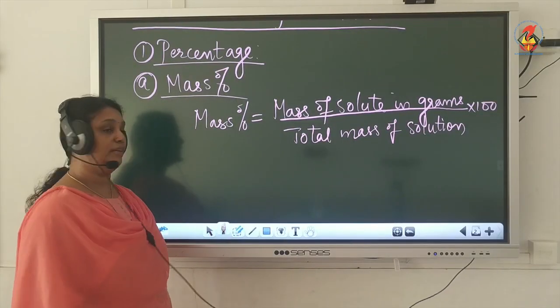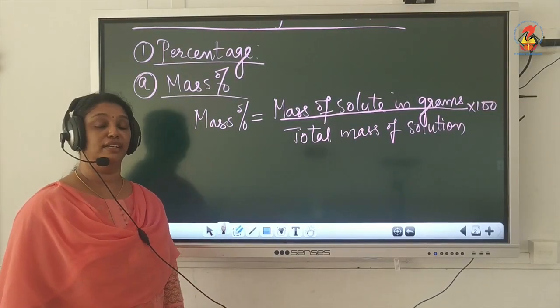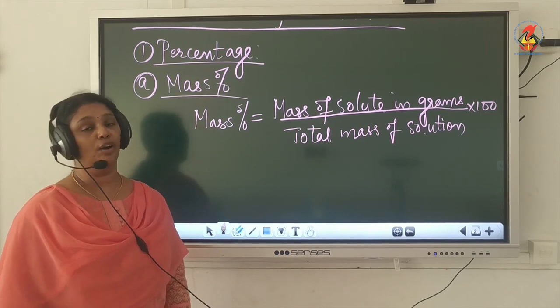This is the expression to find mass percentage, that is mass of solute in grams dissolved in 100 gram of solution.